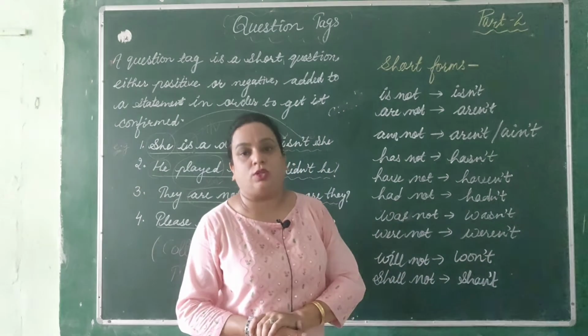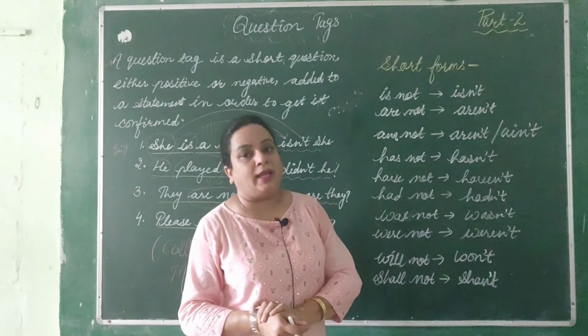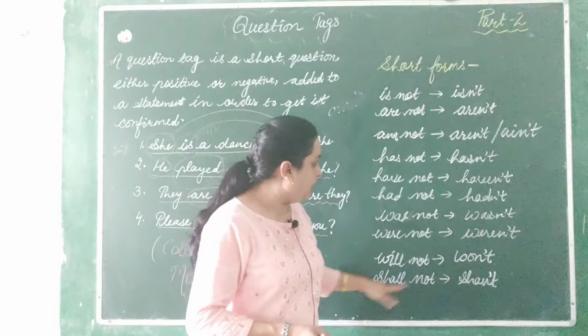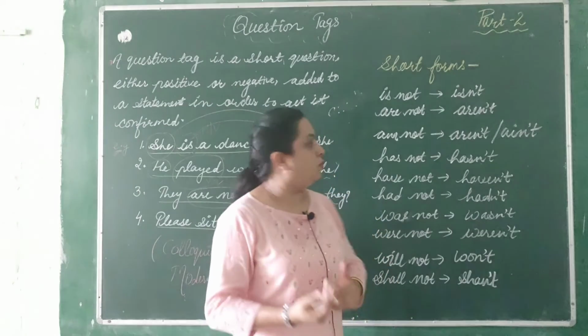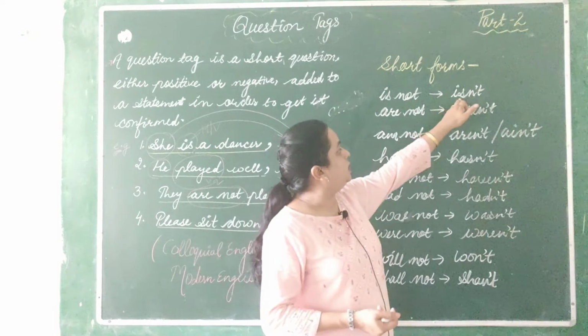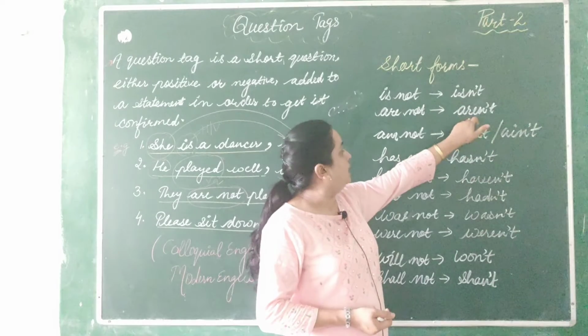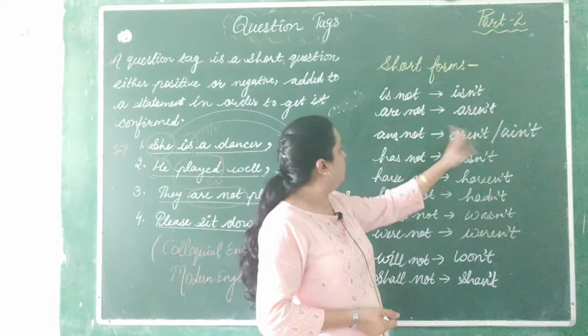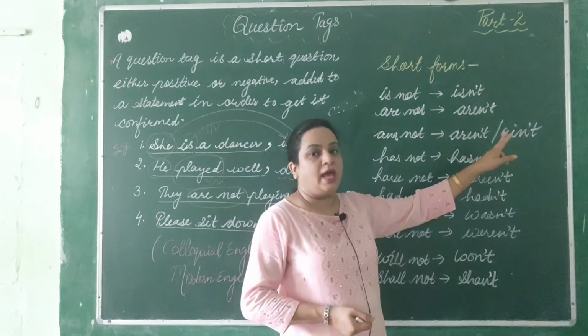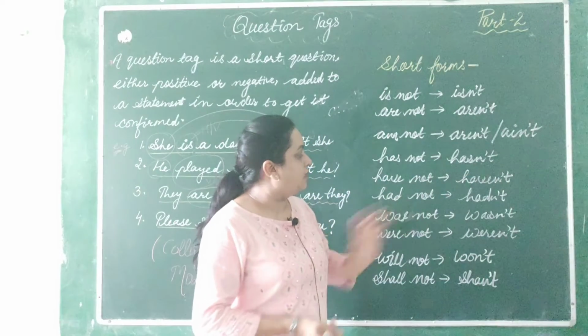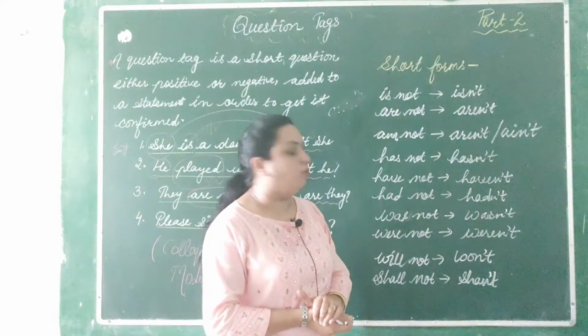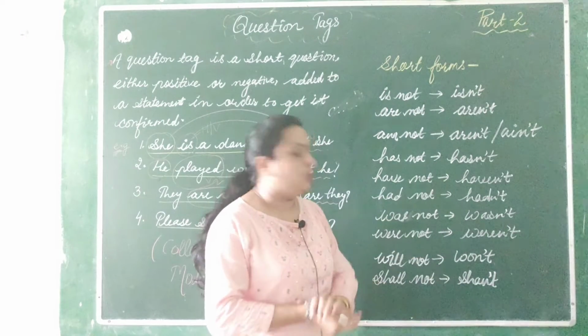It is won't, WON and T. Shall not. It is shan't. So let's quickly revise. Is not, isn't. Aren't. For am it is ain't or aren't. Hasn't, haven't, hadn't, wasn't, weren't, won't, shan't.